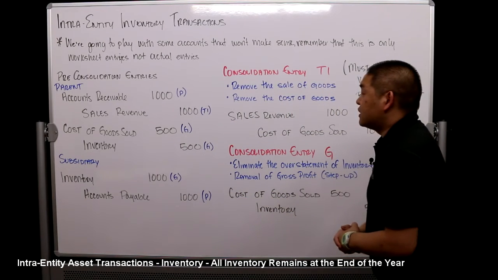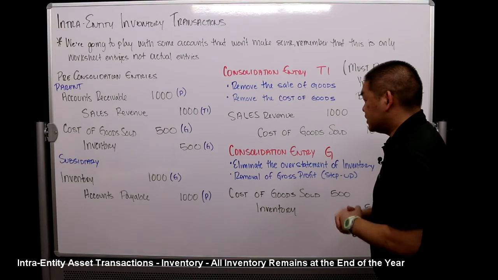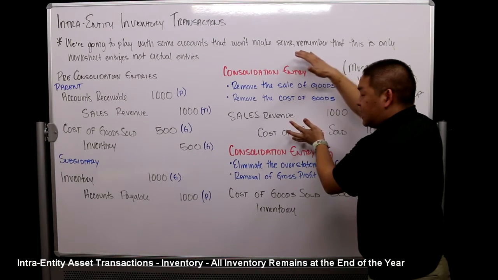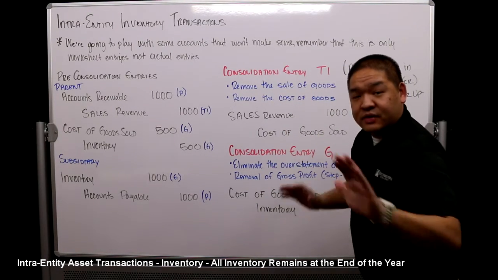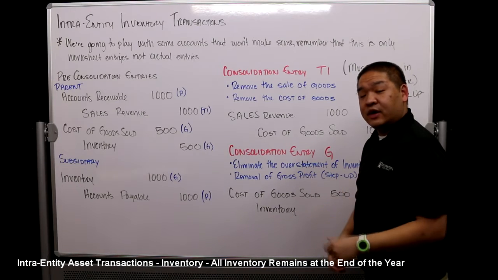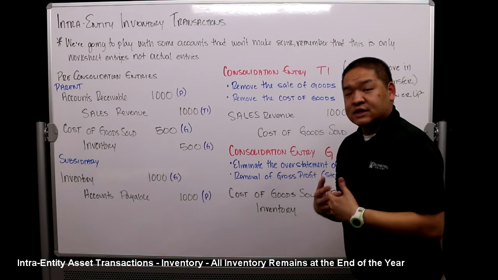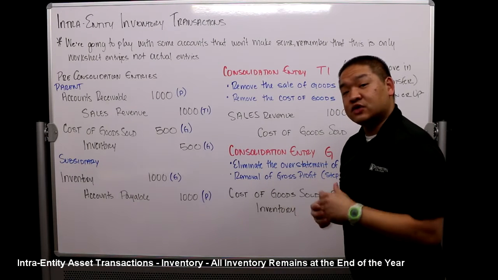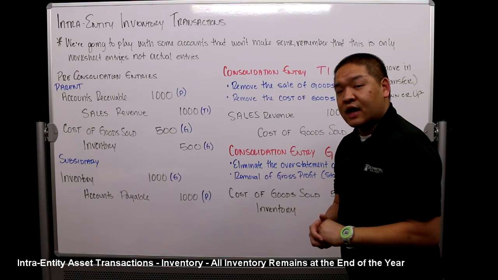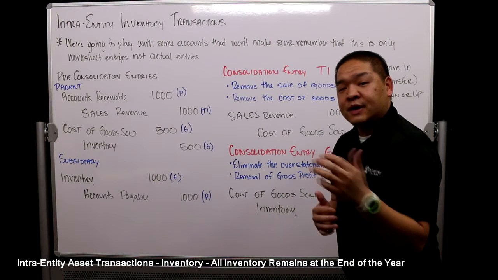Now, let's talk a little bit about consolidation entry G. This is done at the end of the year no matter what. At the end of the year we go, okay, subsidiary, how much inventory of ours did you sell? In this case, they've sold nothing. And because they've sold nothing, we're going to have to back out the gain.